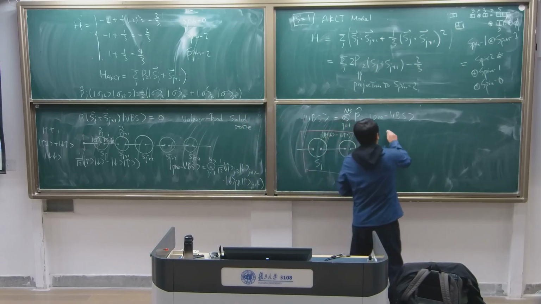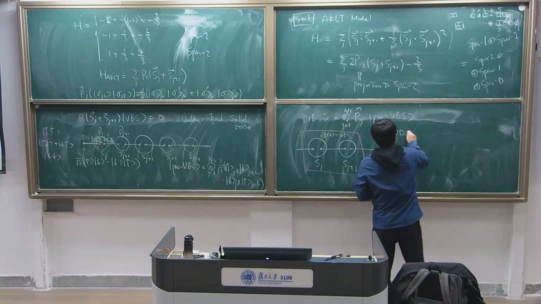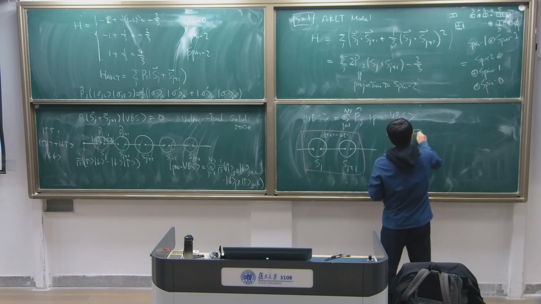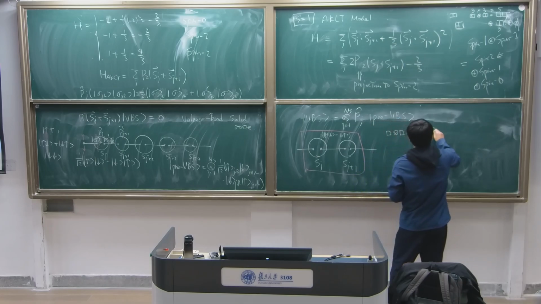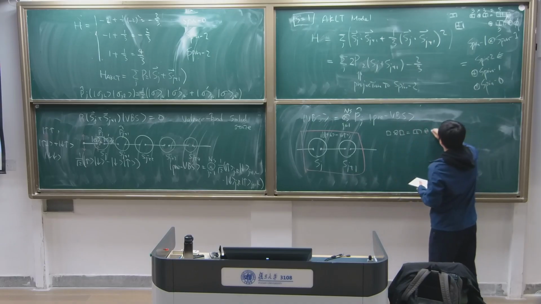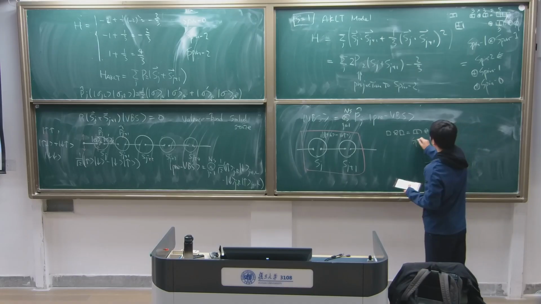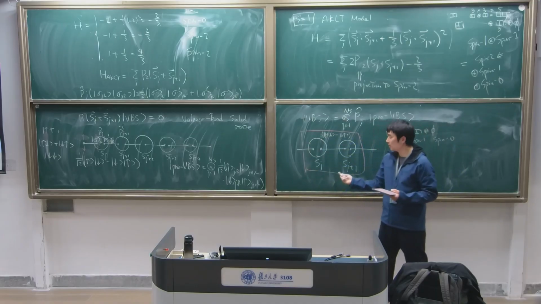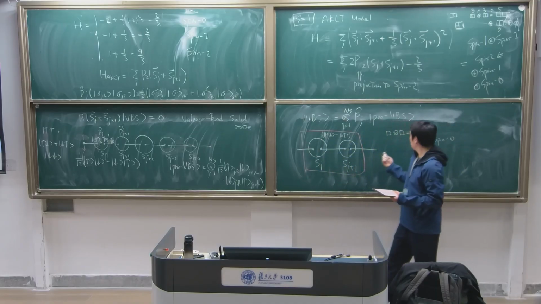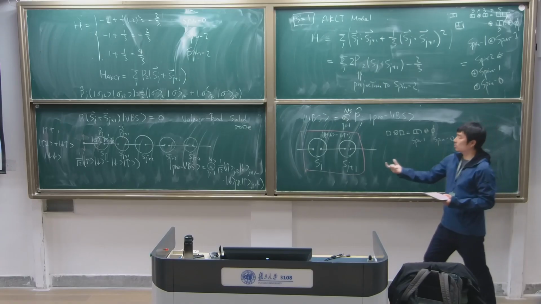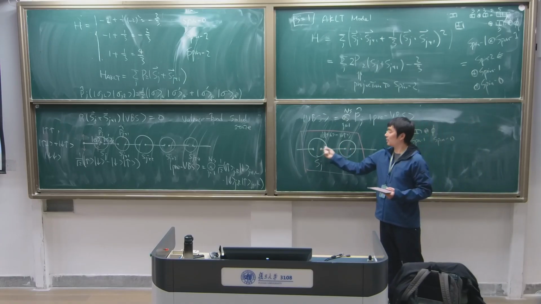The product can create spin 1 or spin 0, but the middle states can't create spin 1 or spin 0 because this guy already created a spin 0 state.